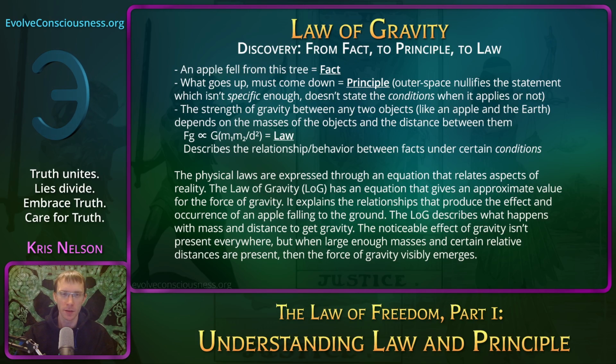And if the distance is too large, like when you go into space, well, then you're not falling back down to Earth because you're not close enough. Again, specific conditions are what make it emerge and be visibly observable.